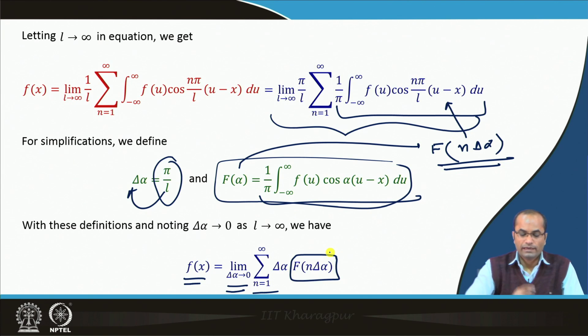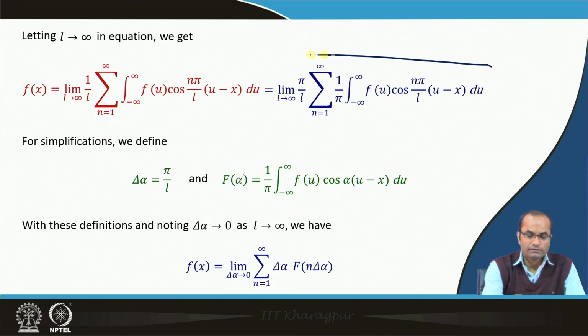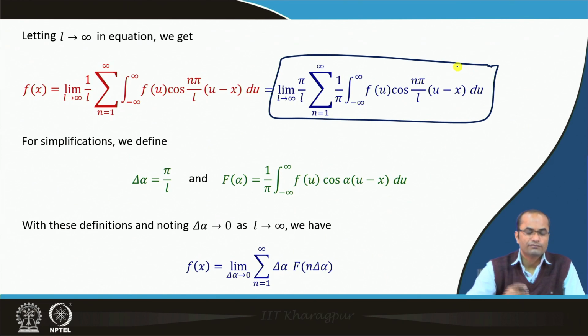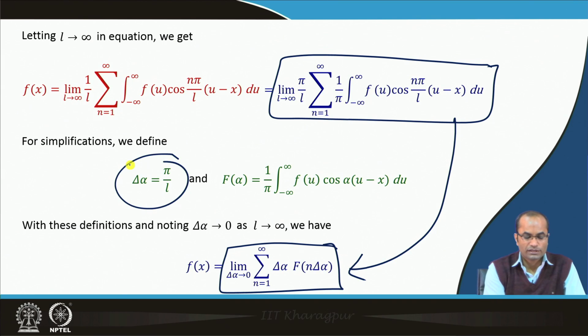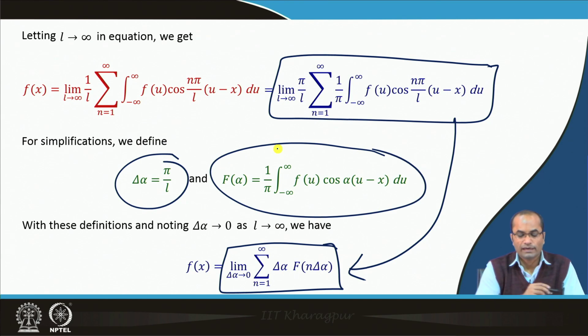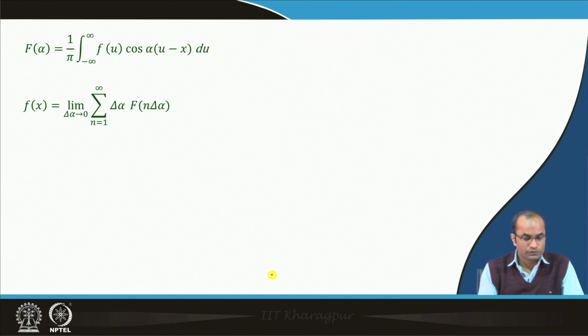So, F of n delta alpha, and then this pi over L we have as delta alpha, and then n goes from 1 to infinity. So, finally, this integral here, which was coming exactly from the Fourier series letting L go to infinity, we have written in a more compact form, introducing these two notations delta alpha and defining this function F of alpha.